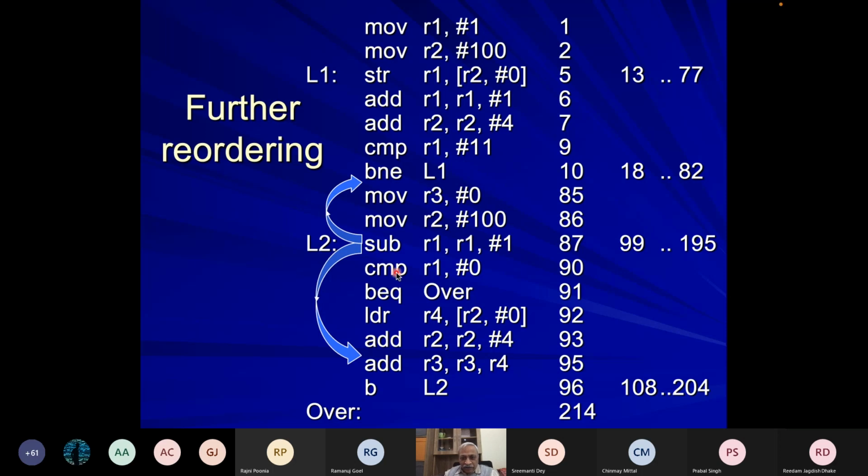So for example, think of this sequence that you have add, b, subtract and compare. Think in a sort of roundabout fashion. Essentially, subtraction was after the branch, and we are moving it 2 steps earlier. Now this subtraction is subtracting something from R1, and R1 is not either being read or written here.